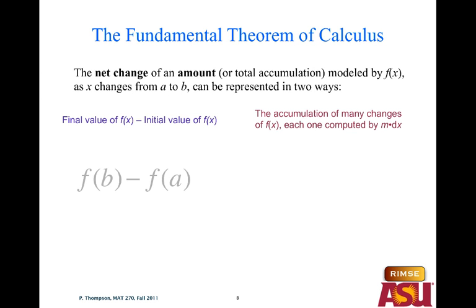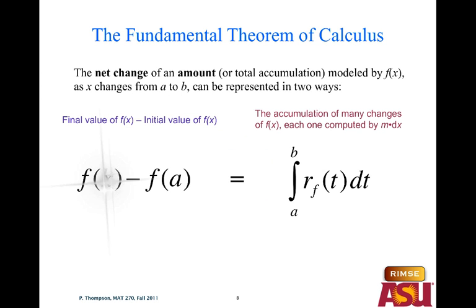That's just F of B minus F of A. And the accumulation of many changes, each one computed by m dx, is our integral from A to B of the rate of F, t dt. Because they're both computing the net change, they're equal. Okay?